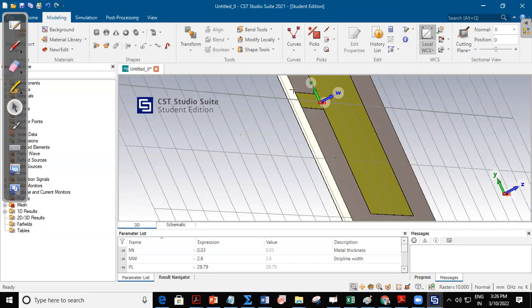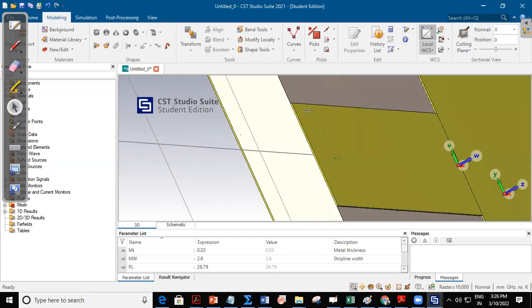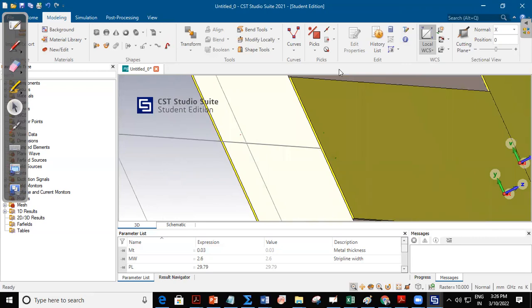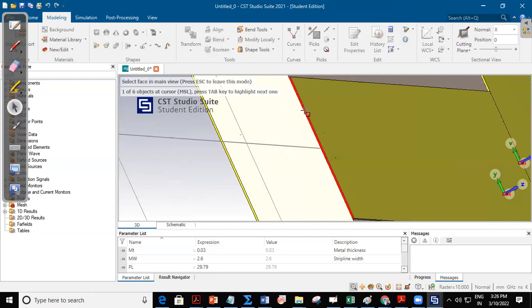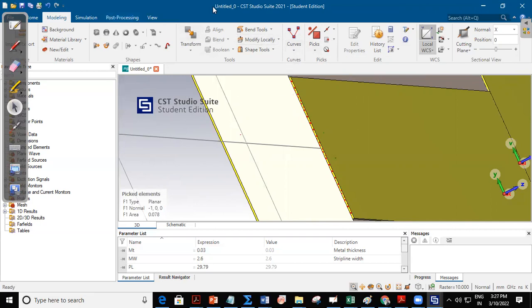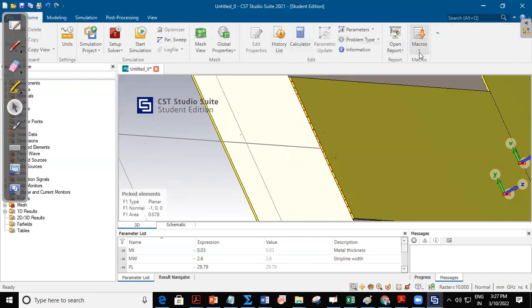So we can say this is the strip portion. I am going to zoom this portion so I can see the metal thickness because I want to select it. So for this, pick face and select only this small yellow line cross section. So I've selected this.